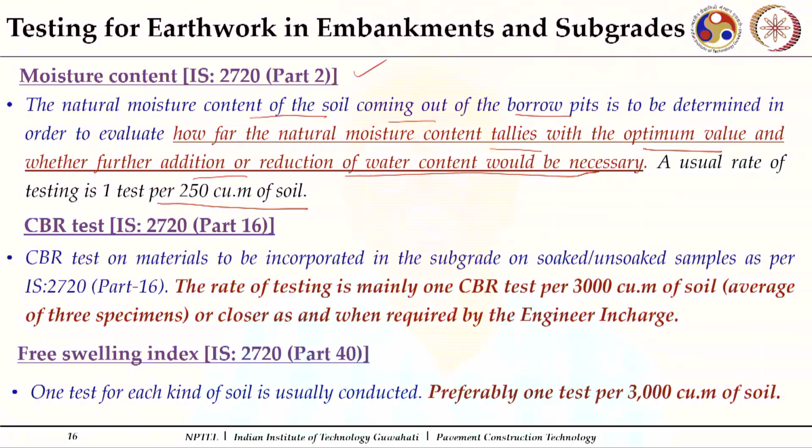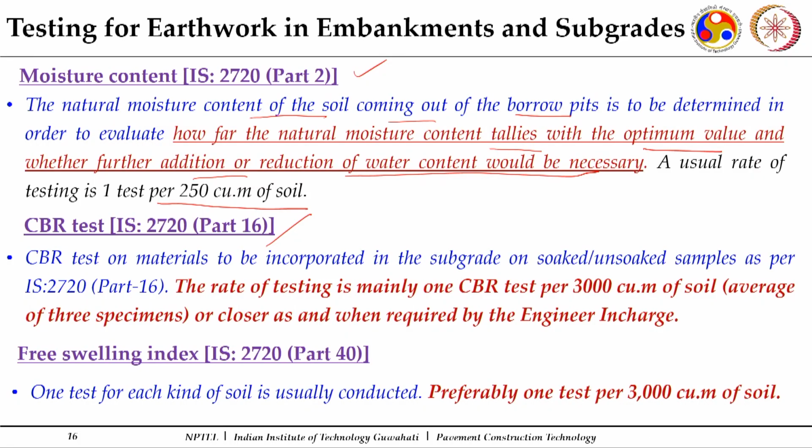In addition, important in respect of strength is the CBR. We will measure simultaneously the CBR of the soil which is getting used for your subgrade or embankment construction. CBR test on materials to be incorporated in the subgrade is under soaked and unsoaked conditions. This will be mentioned in your project document, whether it has to be conducted under soaked or unsoaked conditions.